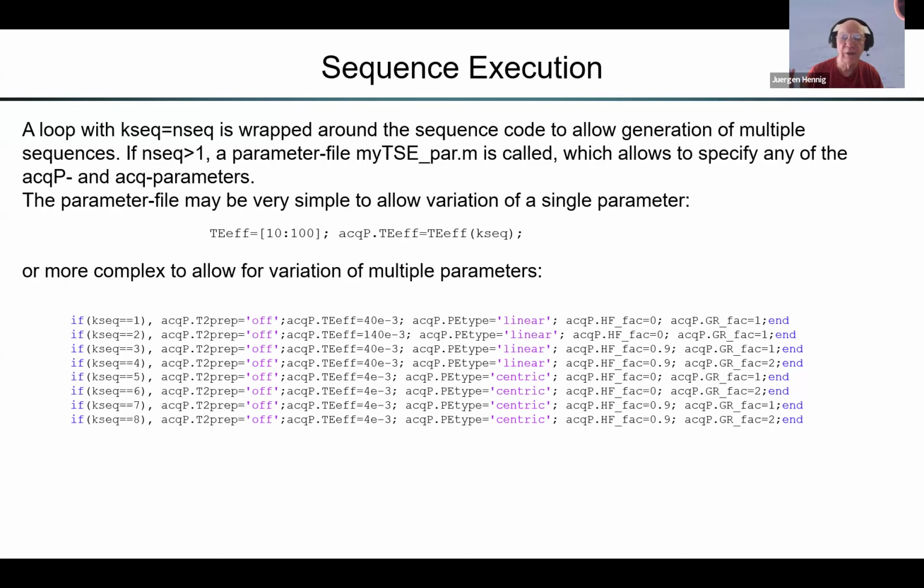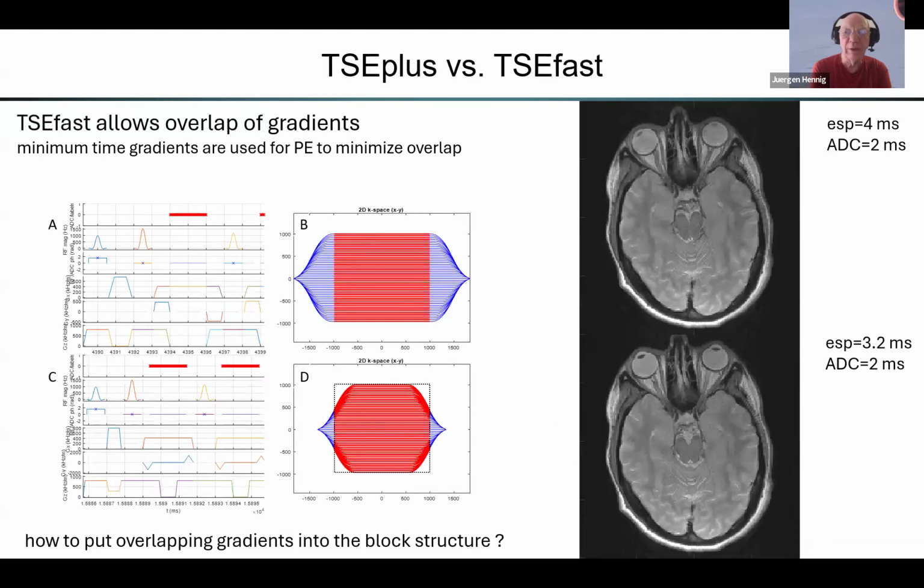And I like to use that whenever I plan a session, I just create all the sequences I want to run in one go, and then I have good control and good memory of what the individual sequences represent.